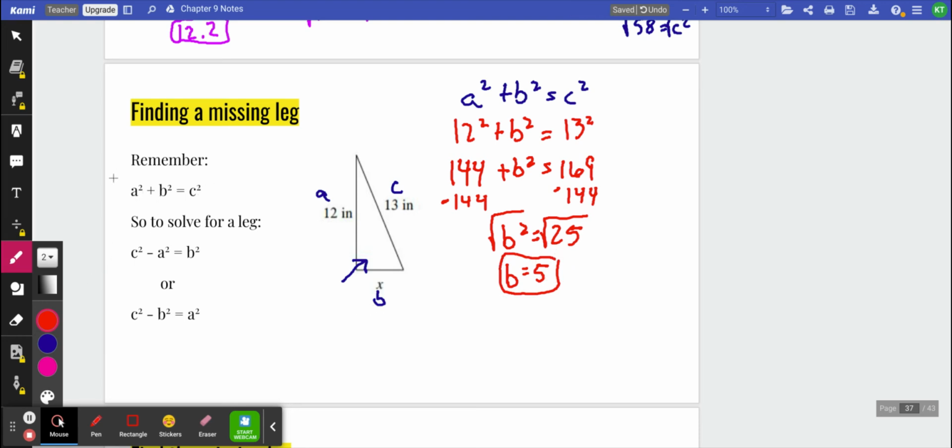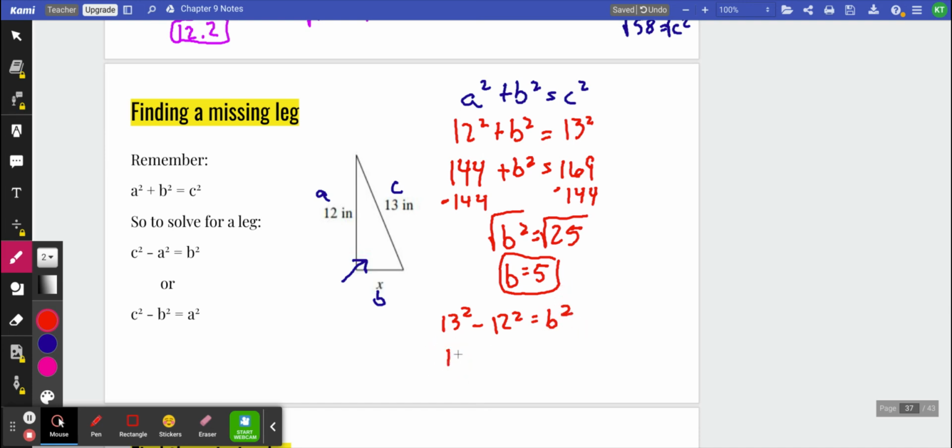Now, you can use that all the time, whether you're finding a leg or a hypotenuse. This is just kind of the shortcut where it goes from this to one of these, right? So I could say in this example, c squared, 13 squared, and I'm subtracting a squared, subtracting because I need my leg to be smaller, right?